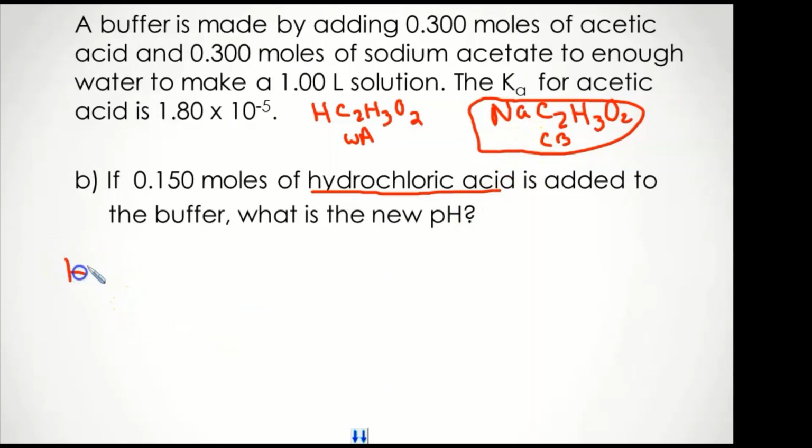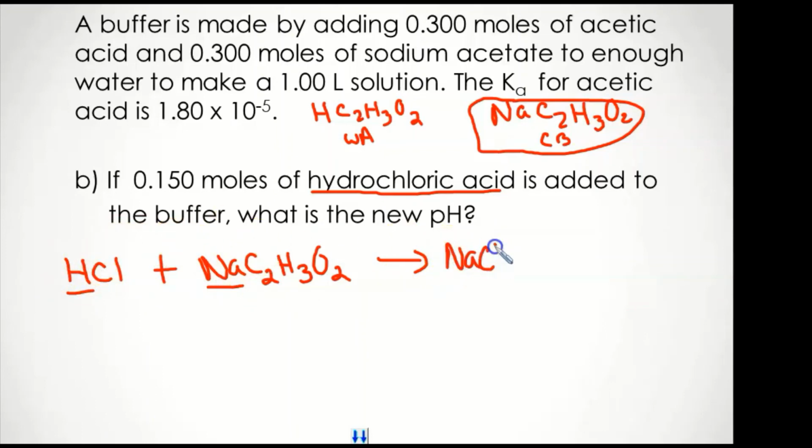So I'm going to start with the thing that I'm adding, which is HCl. I'm adding sodium acetate, one arrow. We are going to double displace, so we're just going to switch those guys out. So you're going to get sodium chloride and acetic acid.